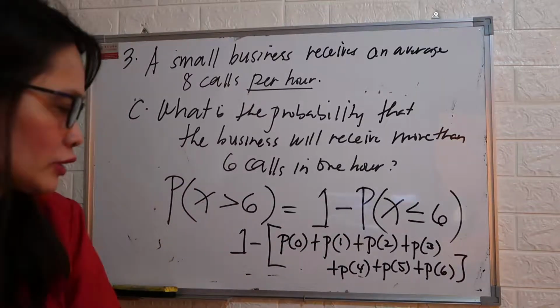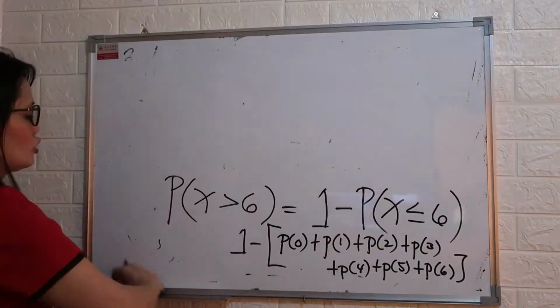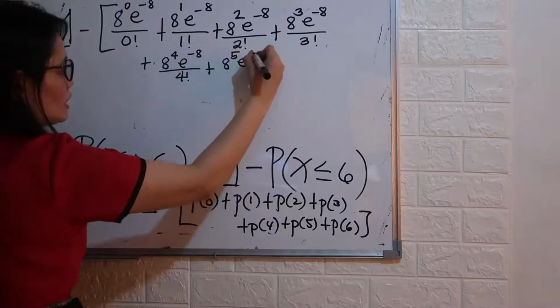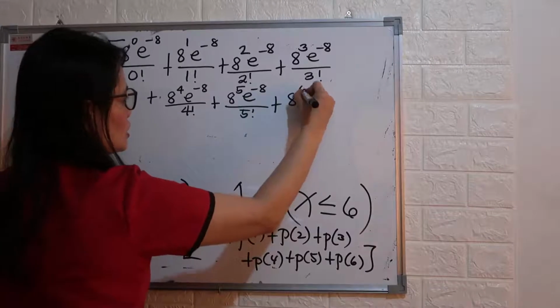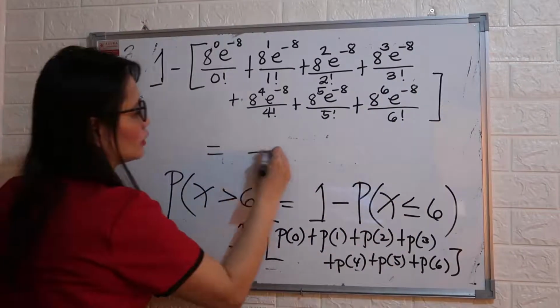Okay? So how do we solve letter C? Let's continue. So we have 1 minus 8 raised to 5 multiplied by e raised to negative 8 over 5 factorial plus 8 raised to 6 multiplied by e raised to negative 8 over 6 factorial. Okay?